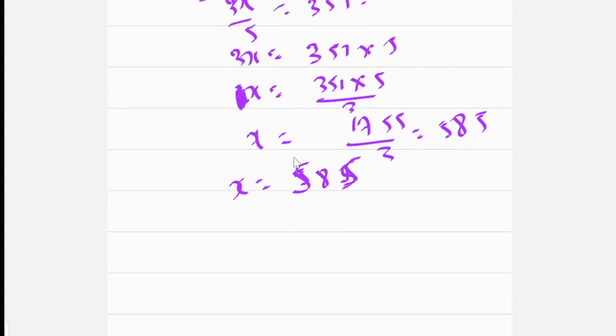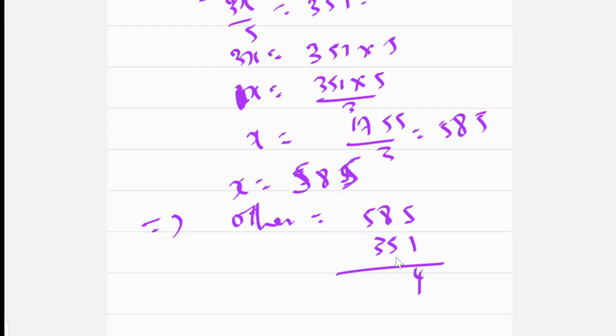If you don't want to stress yourself, you want to find the other volume, you can do it in two ways. The first way is to just subtract the first volume from this. So the other will now be 585 minus 351, and this will give me 234. Or if you want to simplify it, the smaller will be 2 over 5 times 585.